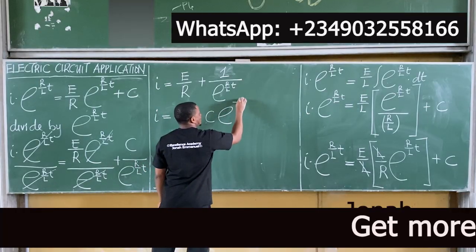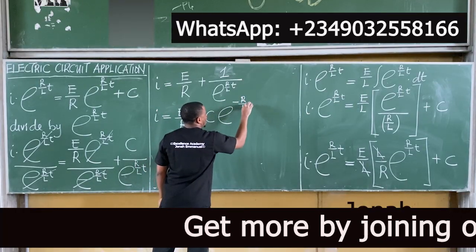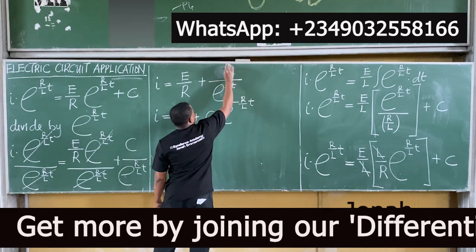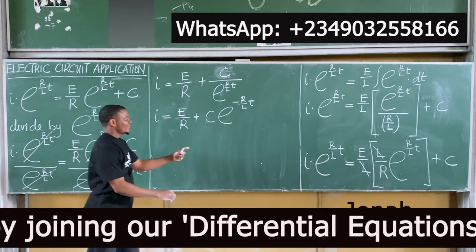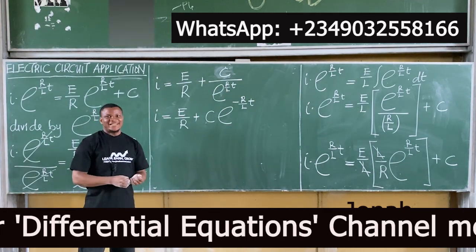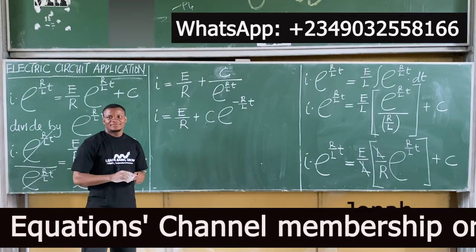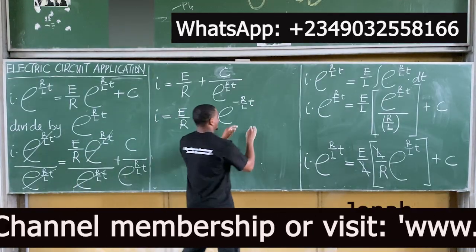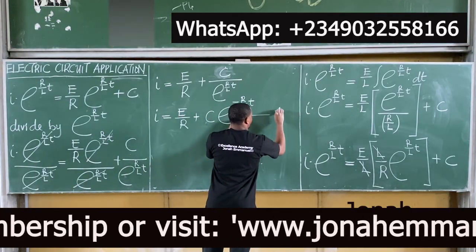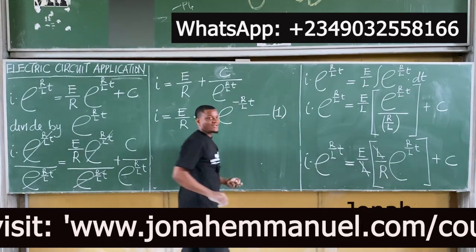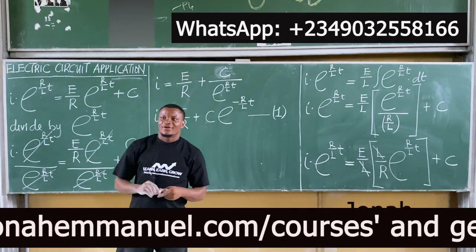Exponential minus R over LT. So comrades, we've now reached the first part of the equation. We'll call this equation 1.